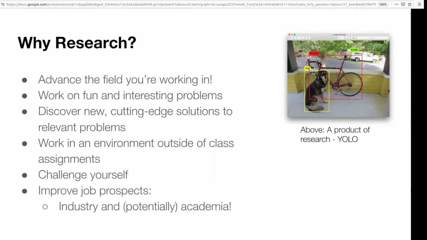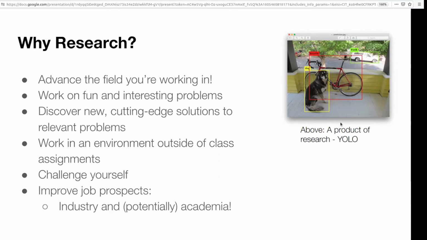The picture here that I want to call out is a product of research, and it's called YOLO. You might have seen this kind of diagram a few times, maybe 100 times. YOLO stands for You Only Look Once, and it is an object detection algorithm, as you can see here. It detects a dog, a bicycle, and also a truck. This is being used a lot more in industrial applications.